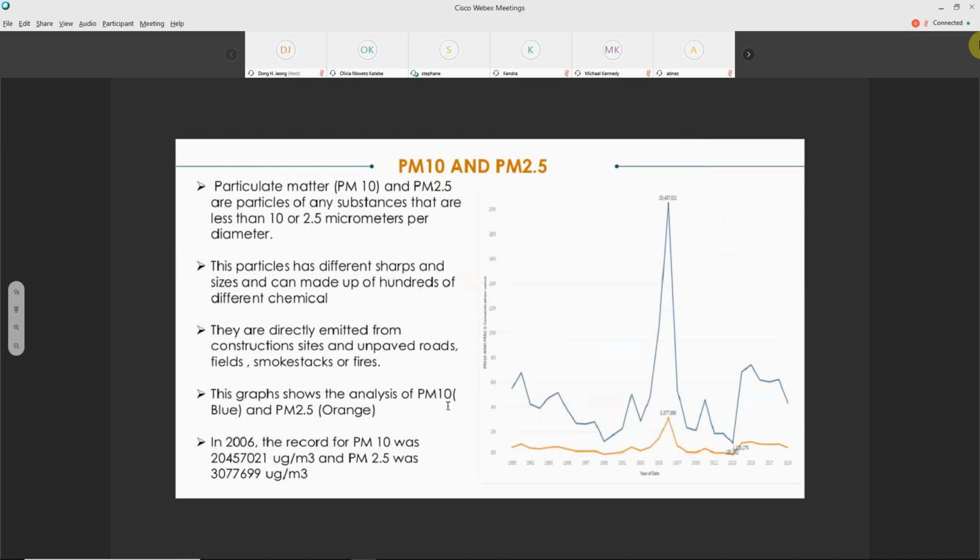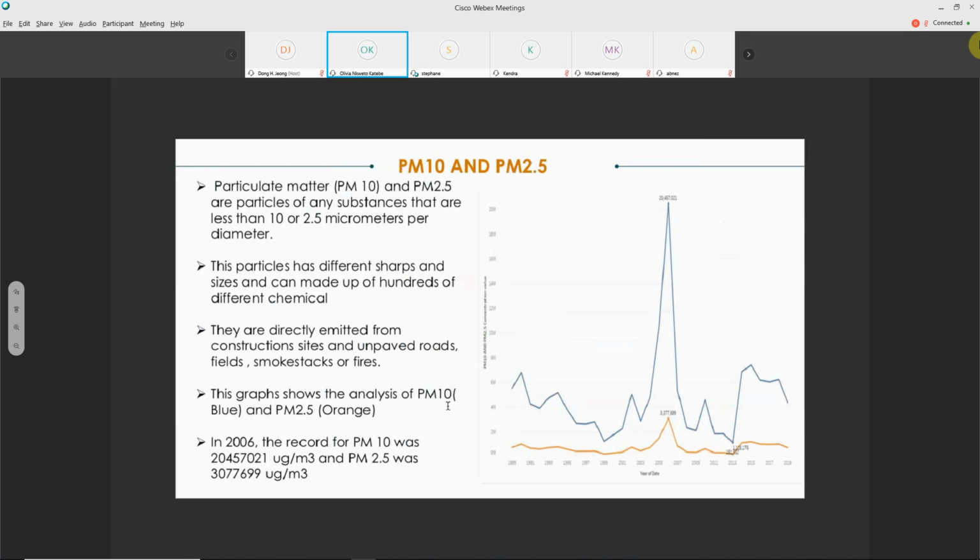PM10 and PM2.5, or particulate matter, is fine matter. These two particles have different shapes and sizes and are made up of hundreds of different chemicals. They are directly emitted from construction sites, paved roads, fields, fires, and smoke. When we look at the graph, we decided to calculate the daily air quality index that was collected, and this is the sum.